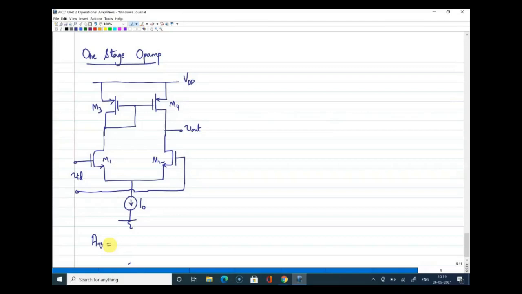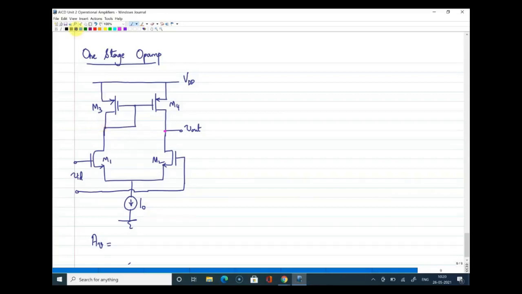Yeah, but you see, output is on the other side, right? Your output terminal is here. We have derived how to get the gain expression of this. It is not on this side. So maybe you have directly applied half circuit analysis, but half circuit is not possible here. Even though the result is the same as half circuit analysis, we cannot do half circuit analysis because the circuit is not symmetric.